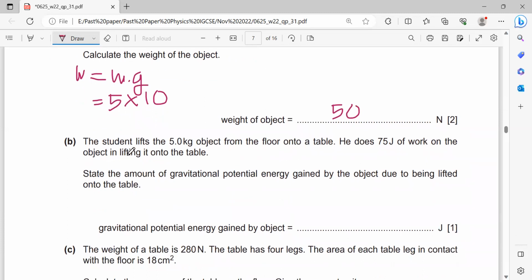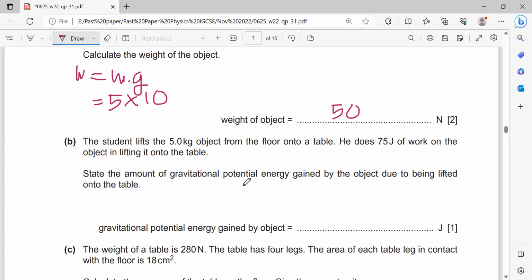Next, the student lifts the 5 kilogram object from the floor onto a table. He does 75 joules of work on the object in lifting it onto the table. State the amount of gravitational potential energy gained by the object due to being lifted onto the table.